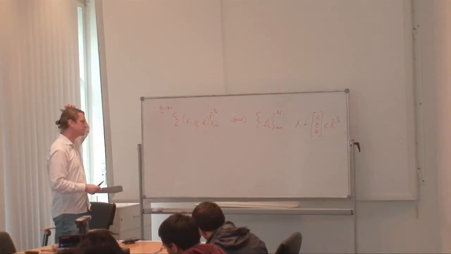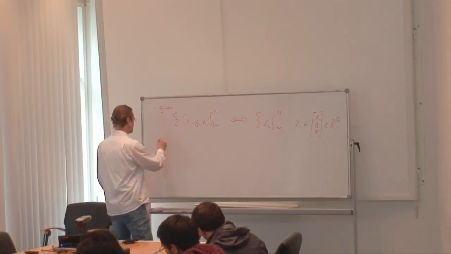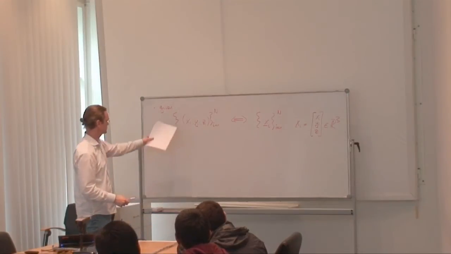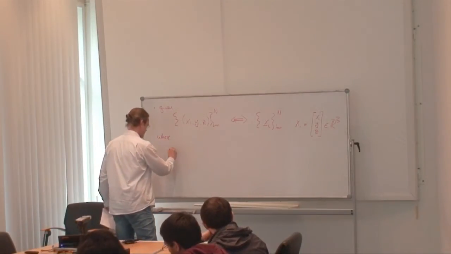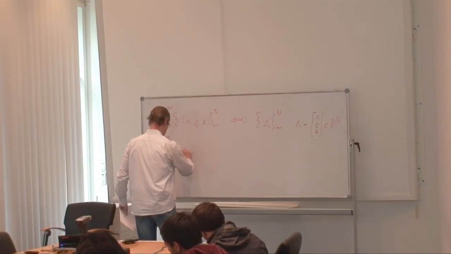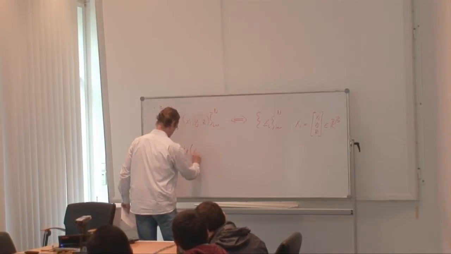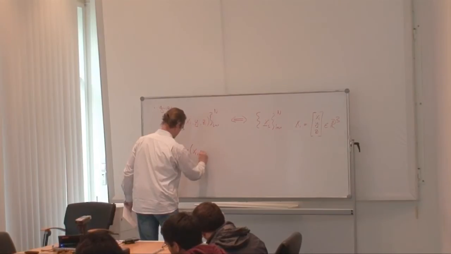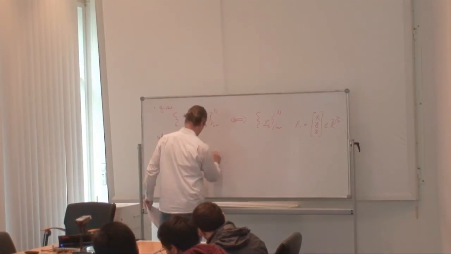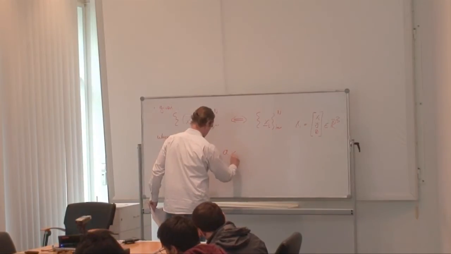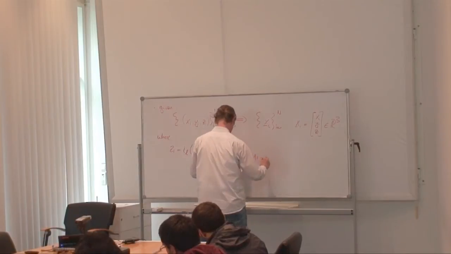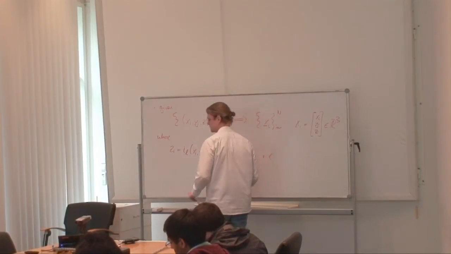Why is that the nature of our problem? It becomes clear if we think about what the zi are, where zi is supposed to be the value of the function I at xi and yi, where we assume once again that this is a xi plus b yi plus c.